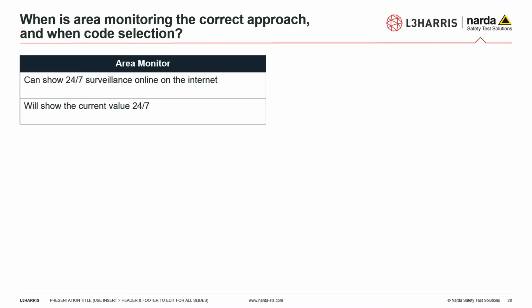When is it best to use a long-term measurement with an area monitor, and when to use the code selective measurement? To answer that, let's look at what the measurement systems can do. The area monitor can continuously measure the actual value of the exposure and output the result as a graph versus time and upload this to the internet for everyone to see, for example.